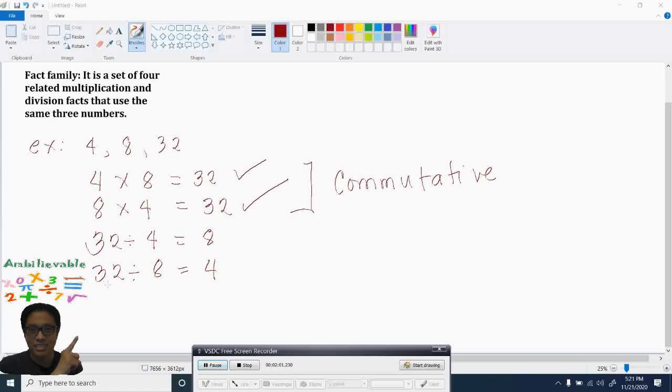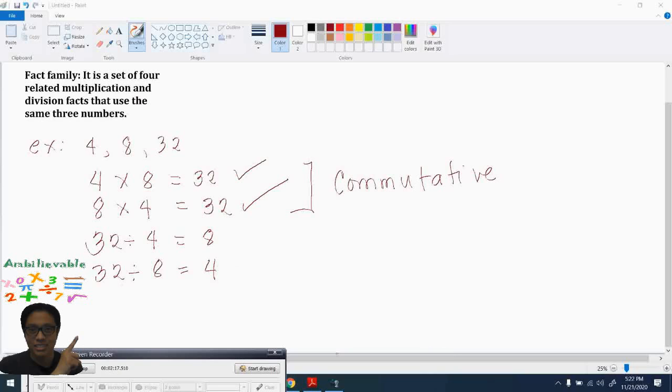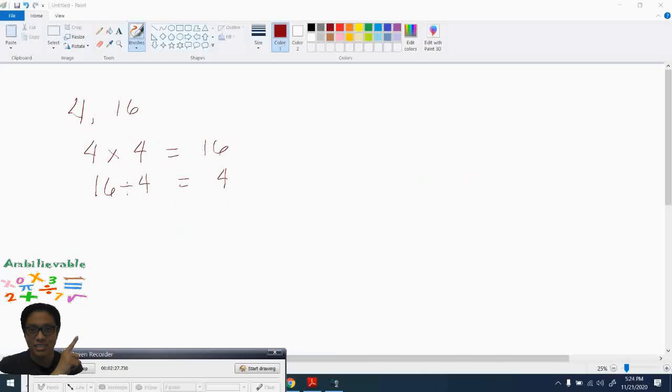Second fact, 32 divided by 8, which is your factor here in multiplication, will be used here as your divisor. So 32 divided by 8 is equal to 4. So therefore, 4, 8, and 32 are the 4 related facts in the family for multiplication and division.